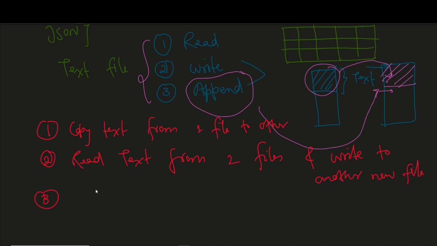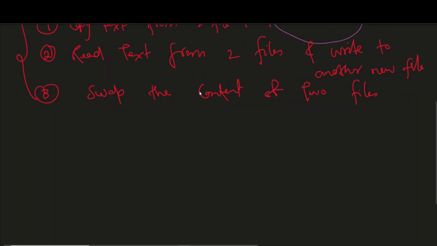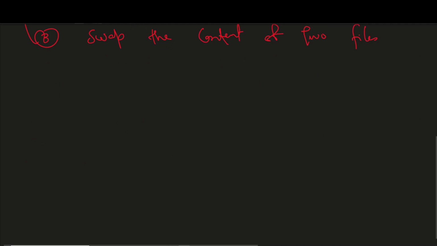Third thing, I will be telling you how to swap the content of two files. So we have three basic things and three questions over these. Let's talk about the first thing, reading a file in Python.